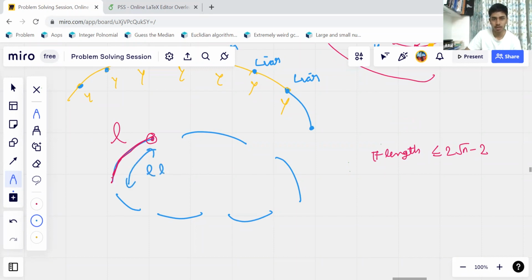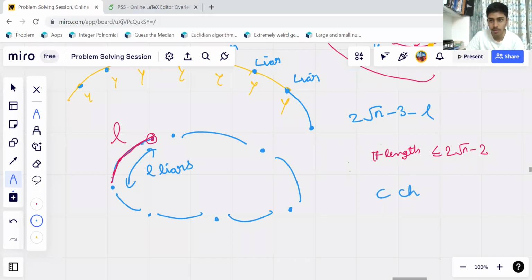If not, then L of these liars are used up here already. So there are at most 2 root n minus 3 minus L liars left among the remaining. But a break in the chain occurs only if there is such a liar, so there is at least one liar in every one of these gaps.